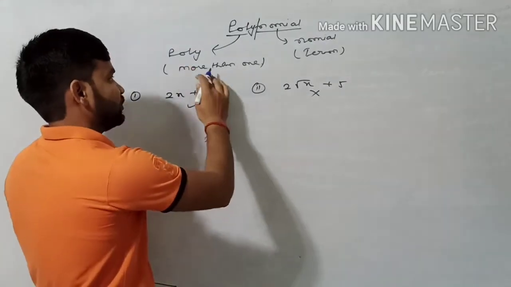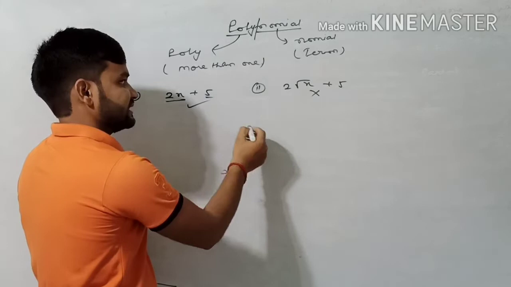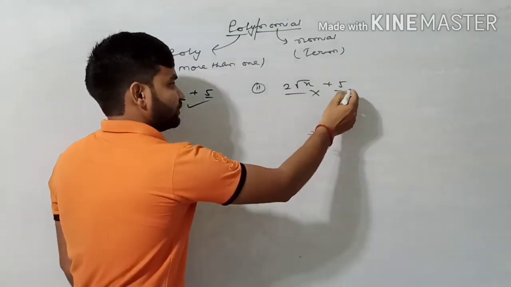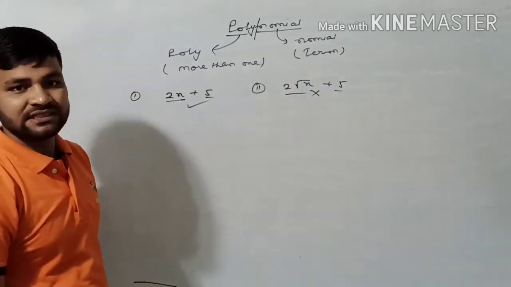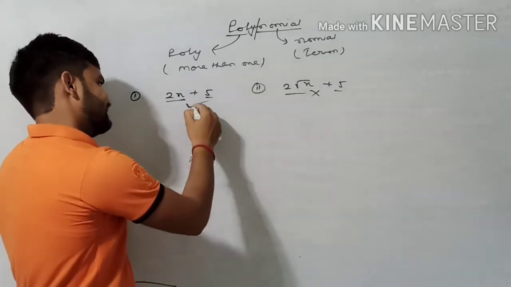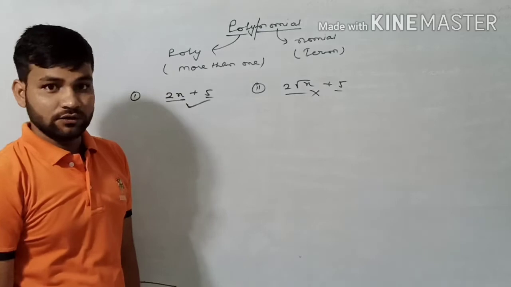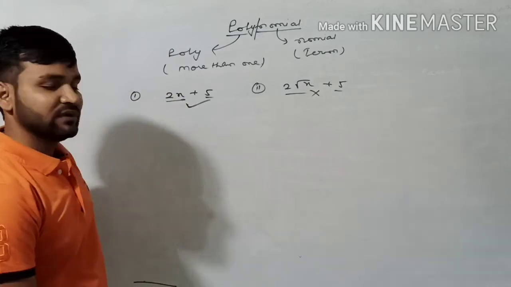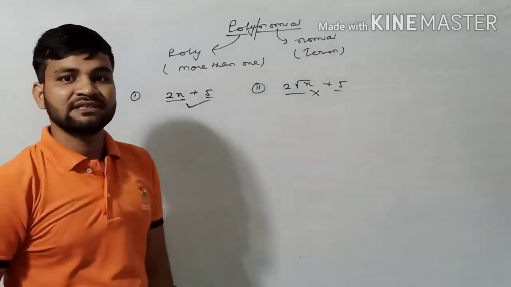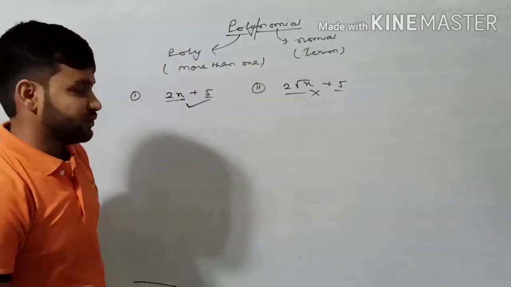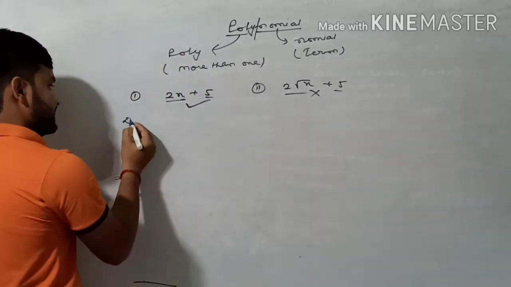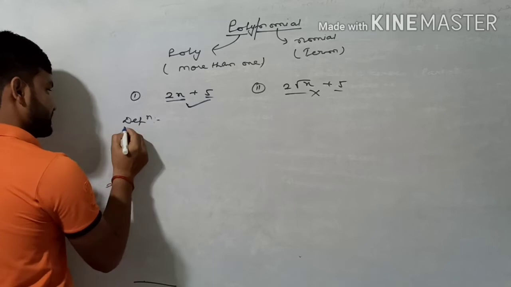The definition says more than one term. Both are algebraic expressions consisting of two terms, but the first is a polynomial and the second is not. So firstly we have to understand which type of algebraic expression is known as a polynomial, and we clear it with the help of the definition.